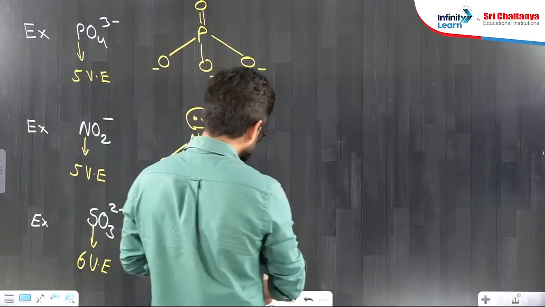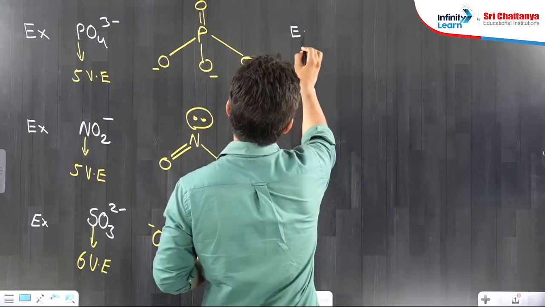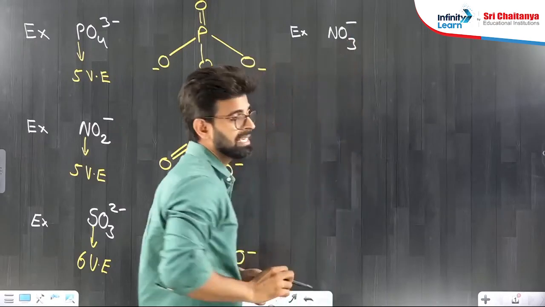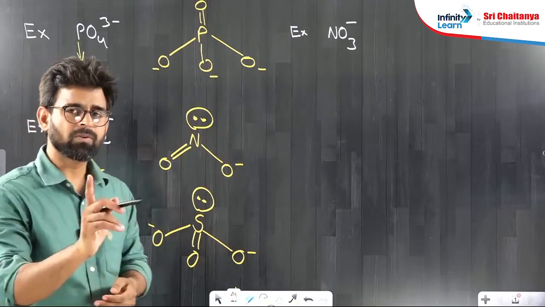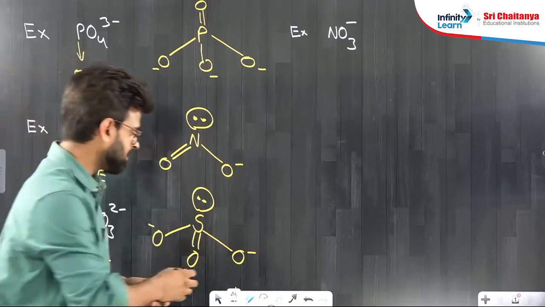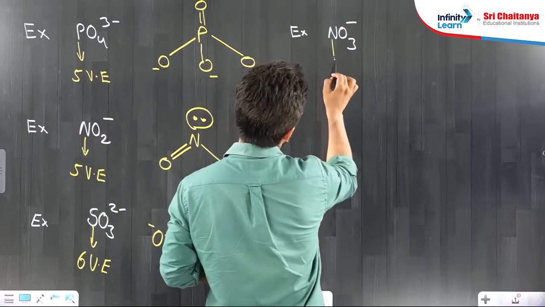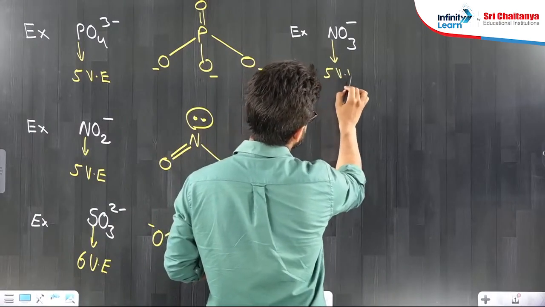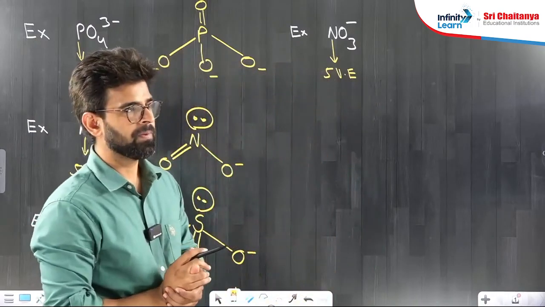Fine. Now, one thing you have to be very careful. Like if I take this time, I am taking nitrate ion, NO3 negative. Here we have to learn one thing. In nitrate ion, nitrogen here is having 5 valence electrons because it is 15th group element, right?